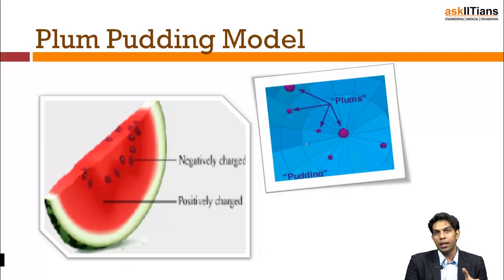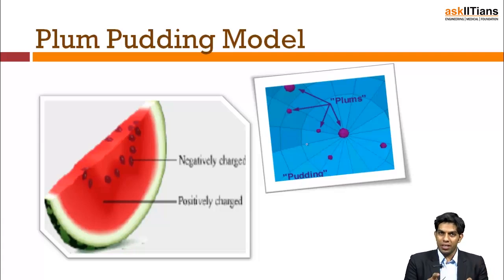The reason being, the English Christmas pudding is kind of a rare thing in many countries, especially in the Indian subcontinent. So though we come up with the Plum-Pudding model, we bring in the watermelon analogy such that everyone gets the picture of what exactly the model is, or what J.J. Thomson was trying to say.